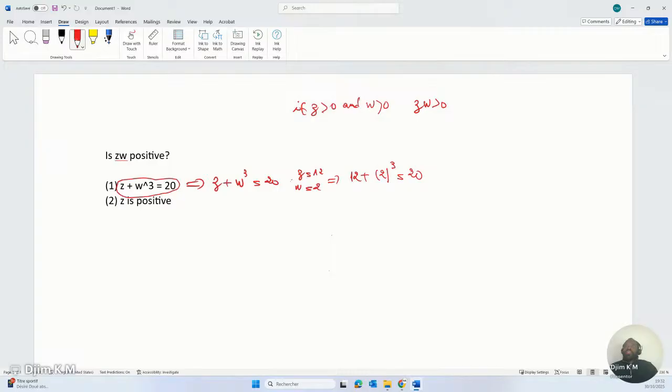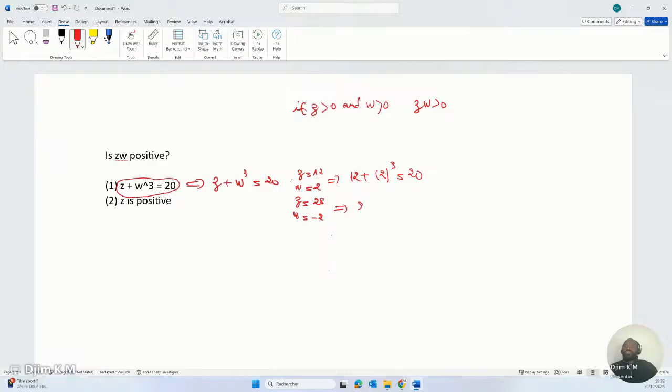But Z can also be equal to, let's say, 28 and W equal to minus 2.